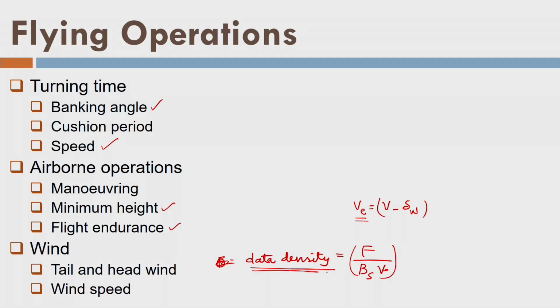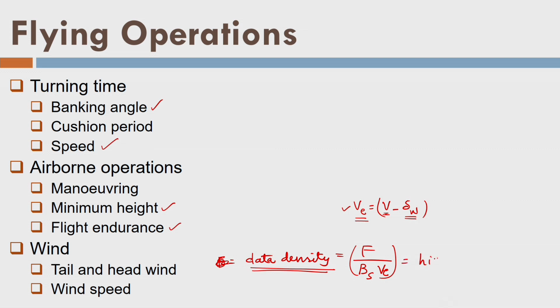So you can see the formula here. V is the aircraft speed minus wind speed, so I will have less effective speed of the aircraft and I will get higher quality of the data or higher data density. At the same time, let us assume that there is a tailwind.